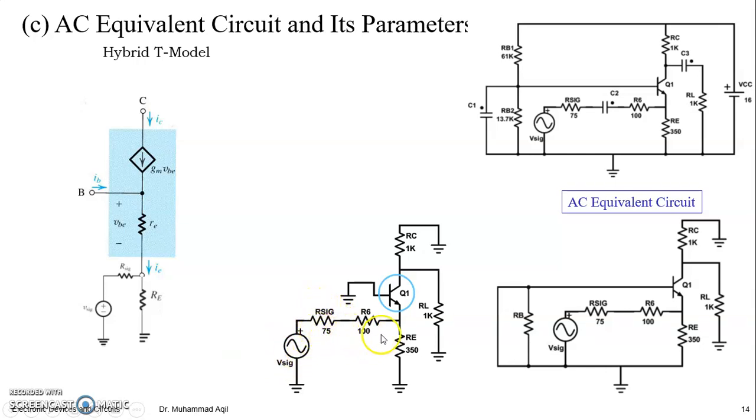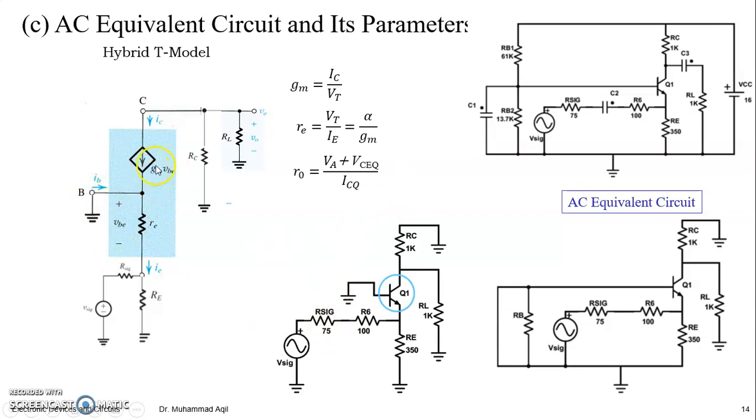Or we can combine these two series resistances to have R signal prime. So this is R signal prime, and its value will be 175. Now at the collector you have RC grounded and RL grounded. Your output would be at this terminal, which is the common terminal of RC and RL. At the base you have the reference, right?